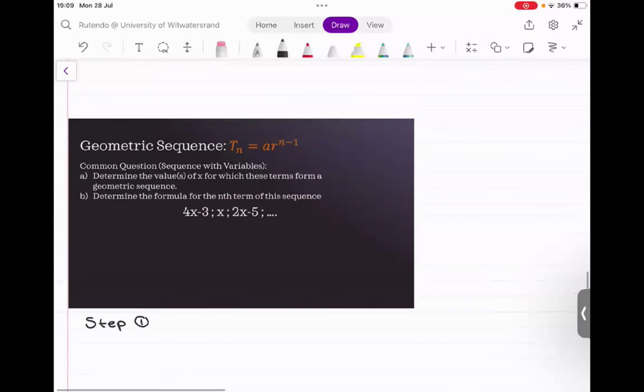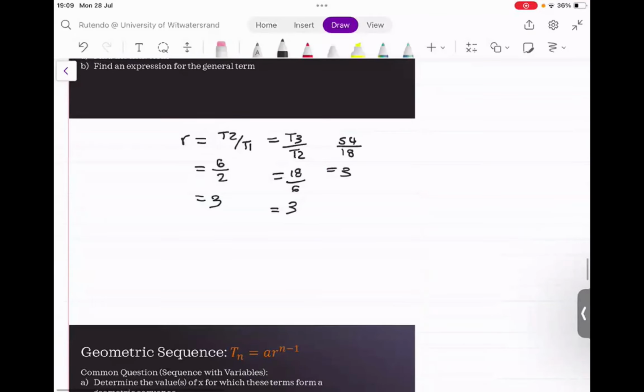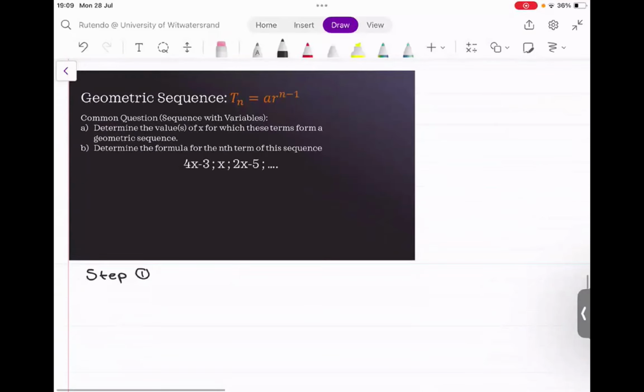We found even with this one that when we said T2 over T1, it was exactly the same as T3 over T2. So we're going to use that fact that we know. So T2 over T1 must be equal to T3 over T2. So whatever the previous term was, T3 over the previous term.